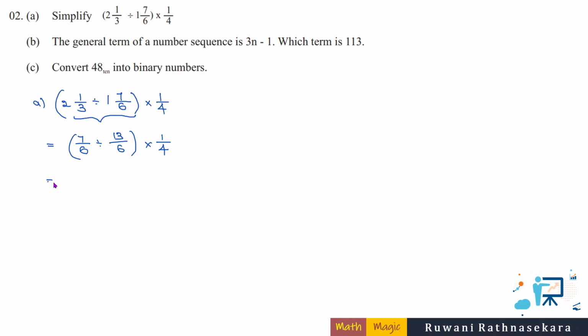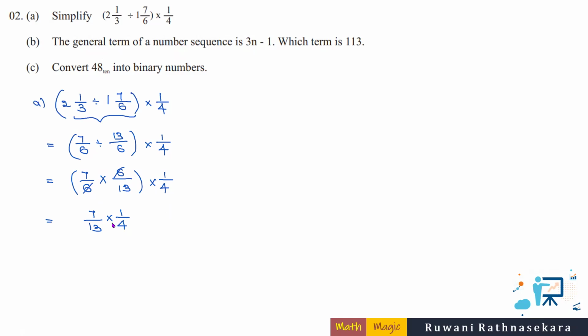Right? Since division is converted into multiplication, we don't change the first one. We convert division into multiplication by the reciprocal. 6 goes up, 13 goes down. This is to be simplified first and finally you multiply it by 1/4. You can cancel these two sixes. Then 7 times 1 is 7. 13 times 1 is 13.